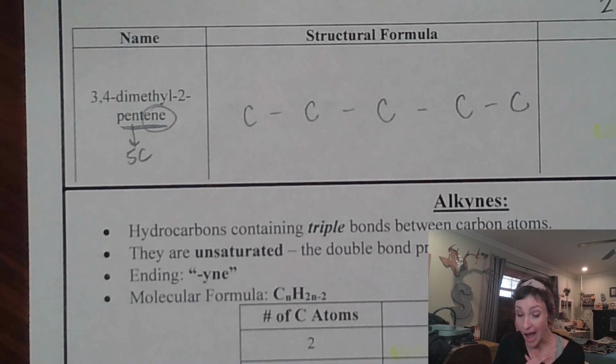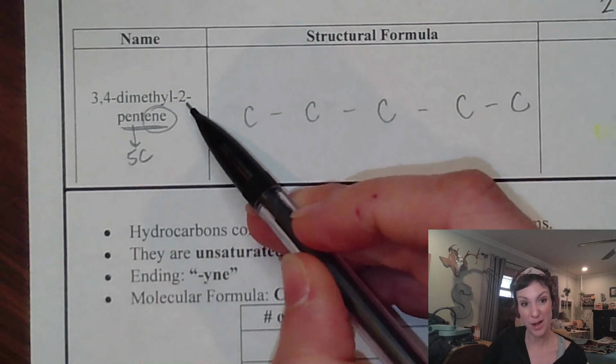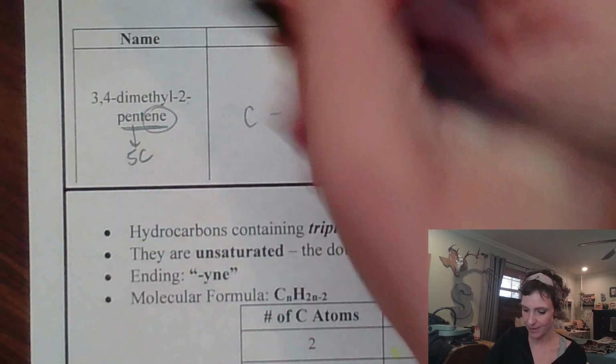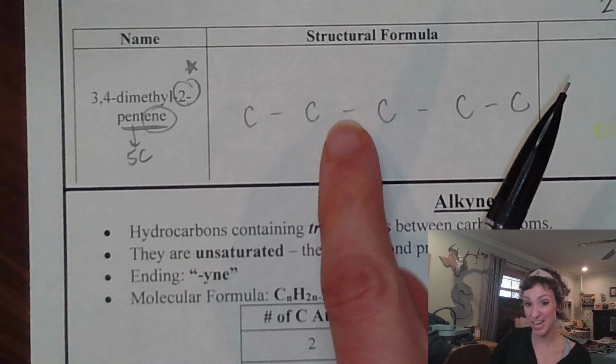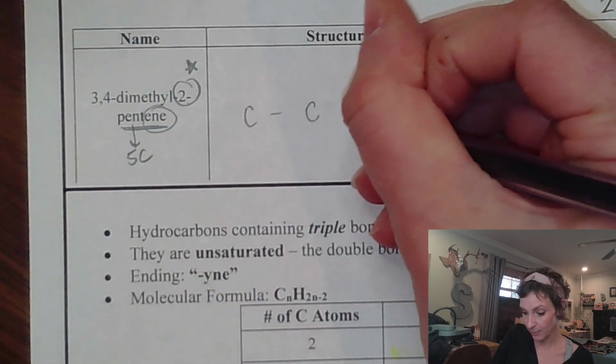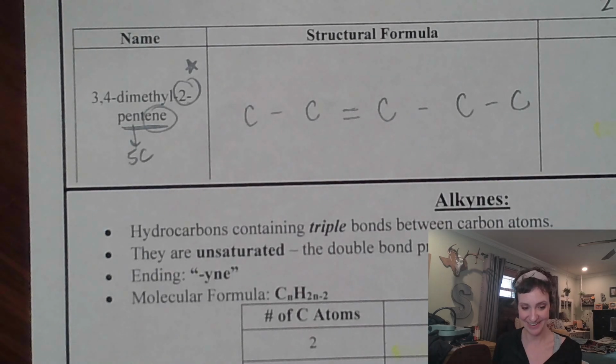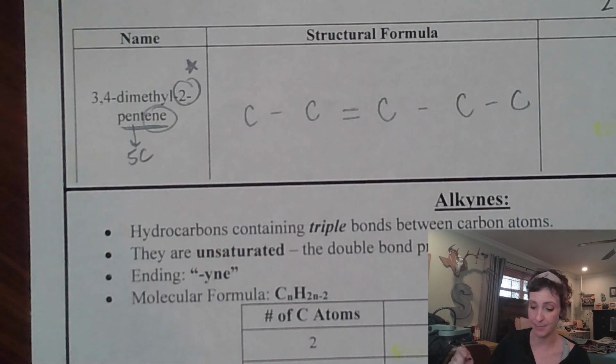Okay, so I also see a number that tells me where that double bond is. The double bond is coming off of the second carbon. This is super important because that means I'm going to change that to a double bond line. Yes? Okay. So we've tackled the 2-pentene part. Now we're ready for the alkyl groups, the branch groups coming off of it.